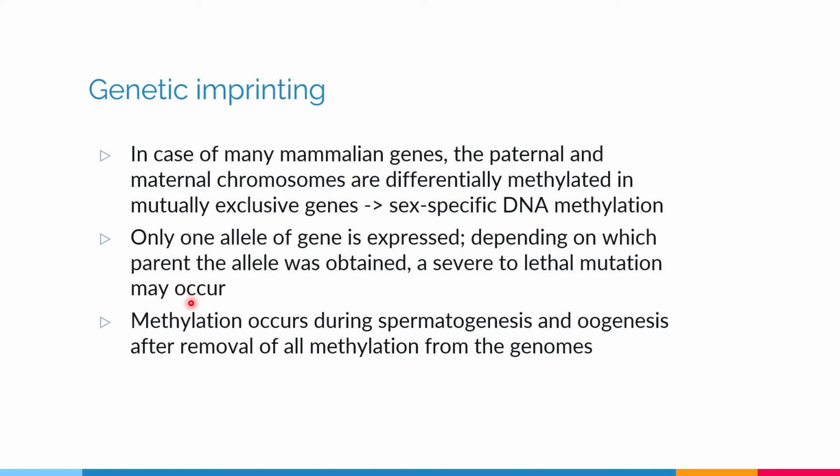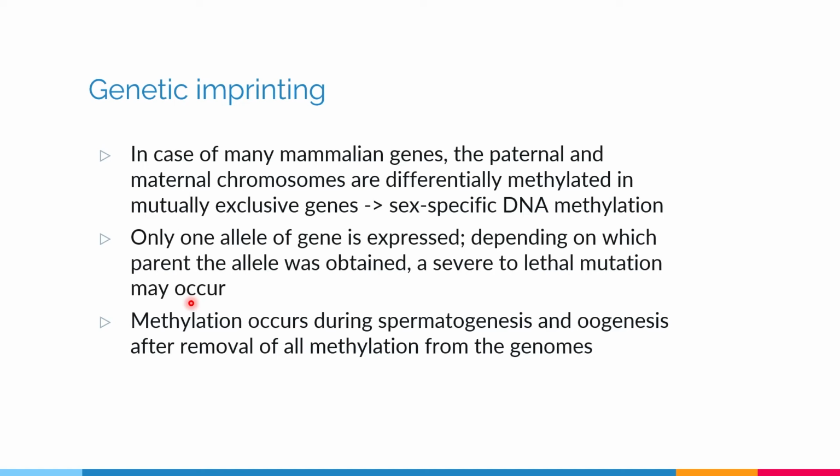Say that there is a particular gene named A, and there is a paternal copy of the gene and the maternal copy of the gene. So normally what happens is, during genetic imprinting, the parental copy gets methylated. So the parental copy is already inactive.